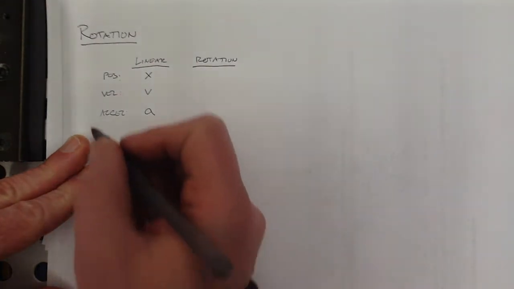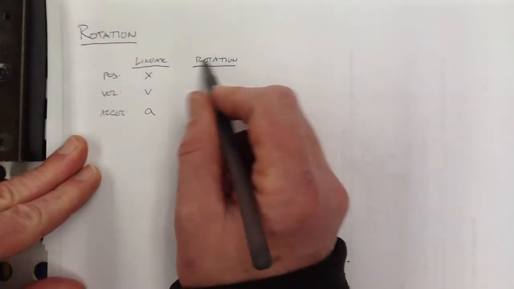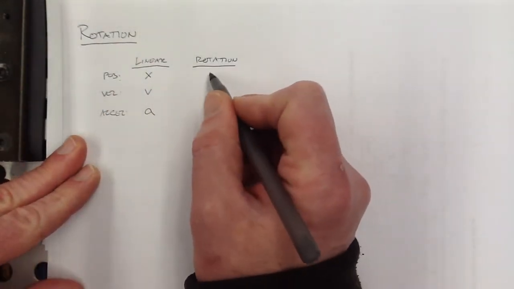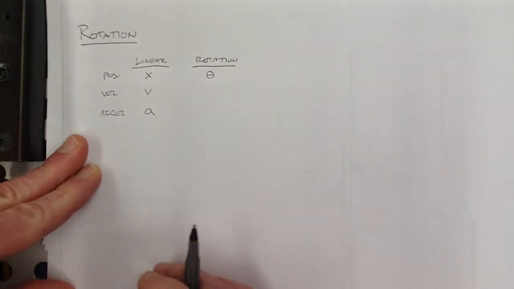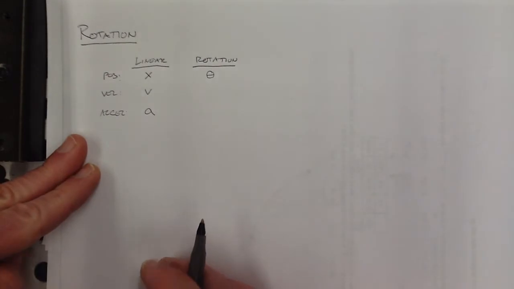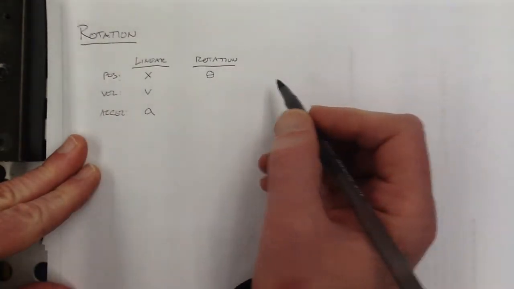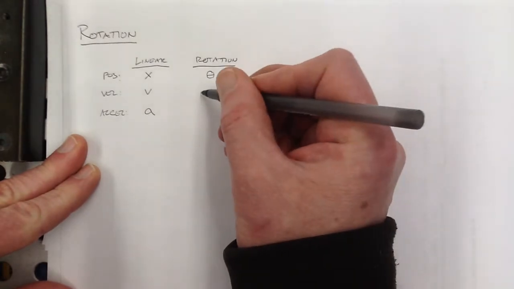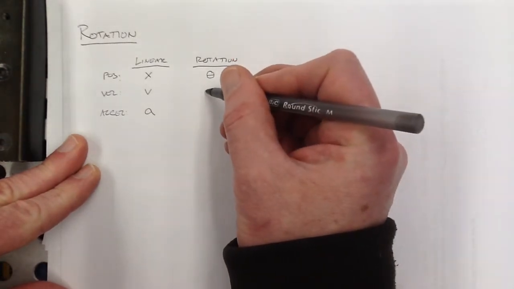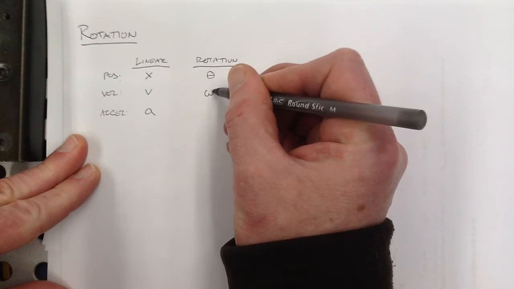So for rotation, when we talk about rotational position, we are going to talk about an angle, theta. When we talk about rotational velocity, we usually call this angular velocity, and we're going to call that lowercase omega.